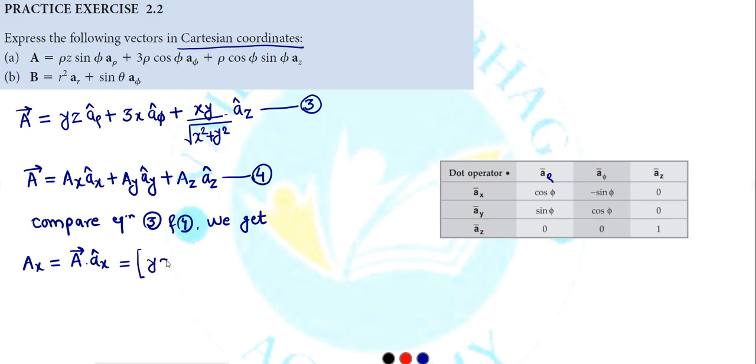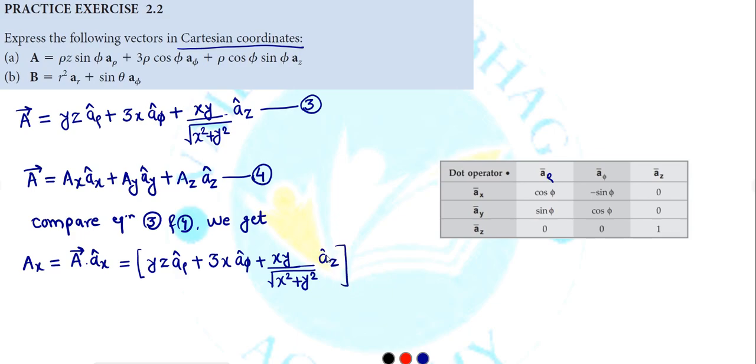So that will be yz a rho cap plus 3x a phi cap plus xy divided by square root of x square plus y square az cap.